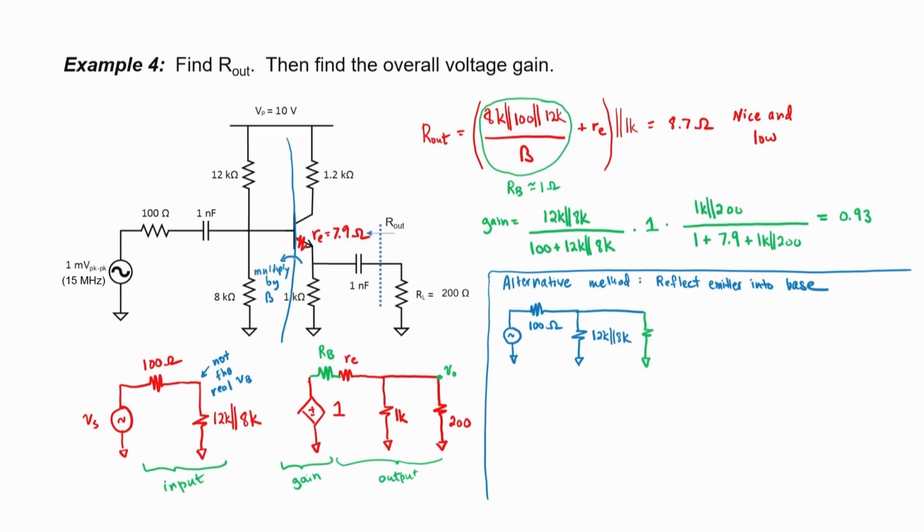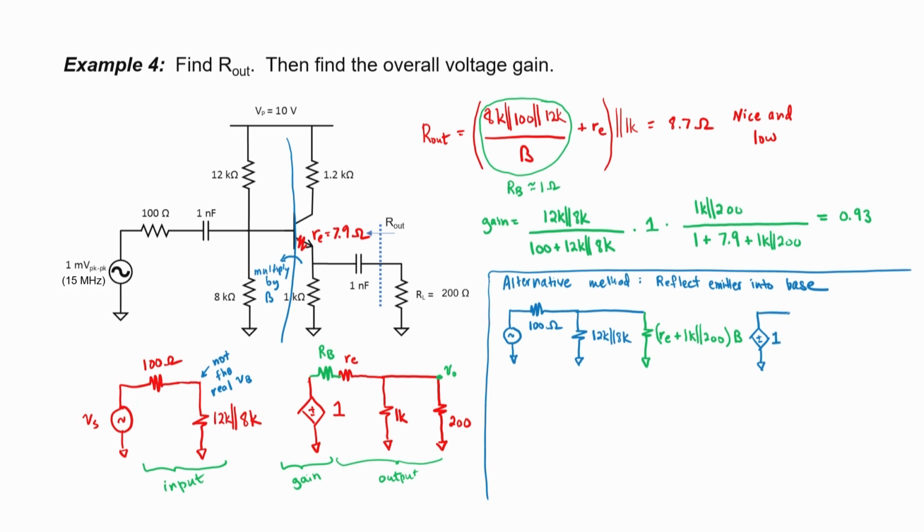What do I see at the emitter side? Well, I have the emitter resistance plus 1K in parallel with my 200 ohm load. That's all going to have to be multiplied times beta in order to properly reflect it into the base. That's our input side. Now we have our gain section. For a common collector amplifier, it's just 1.